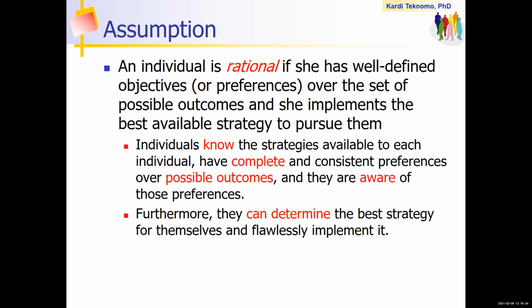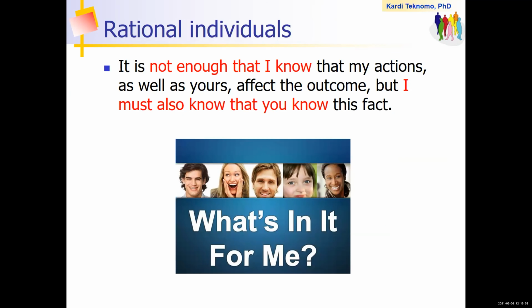This is the assumption, okay? So we know the consistent preference over all possible outcomes. And from here, we can determine the best strategy and implement it. That is the assumption here.